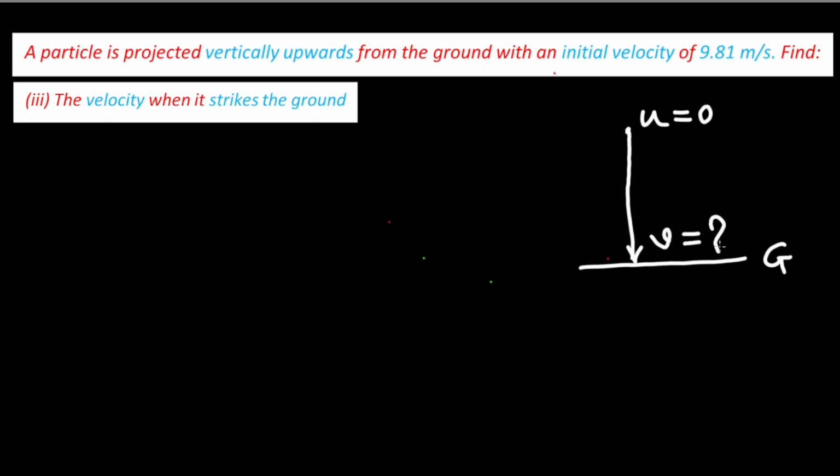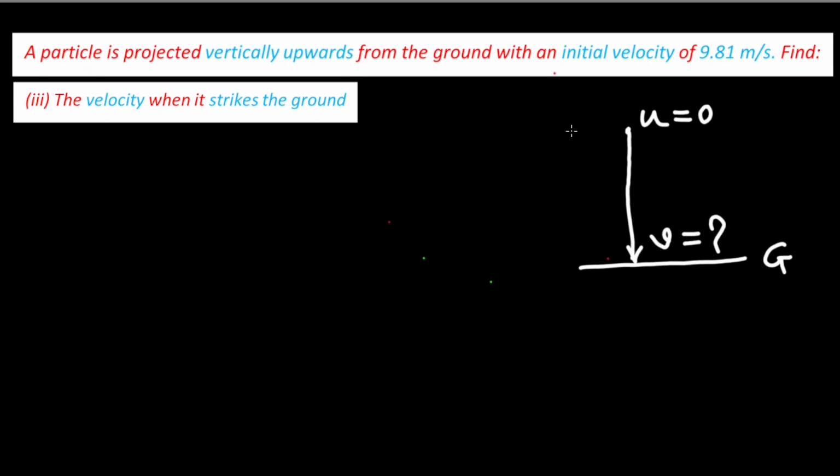In the third question, we have to find the velocity when it strikes the ground. Now the particle is moving downwards towards the ground. Its initial velocity u will be 0, and final velocity when it strikes the ground will be v, which we have to find out.